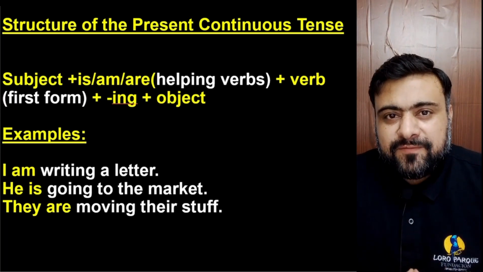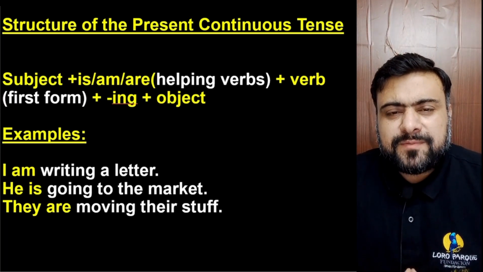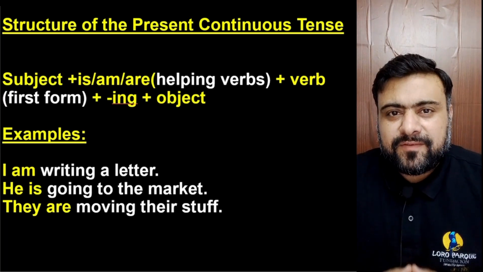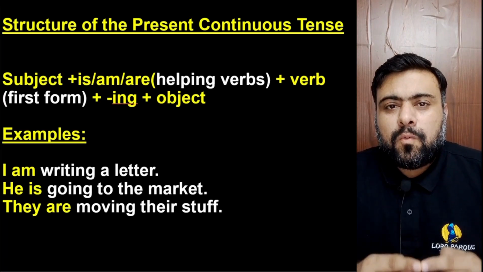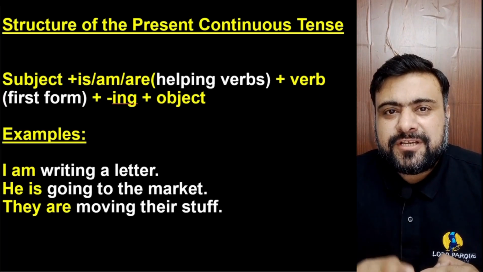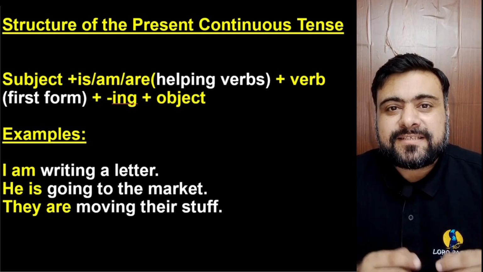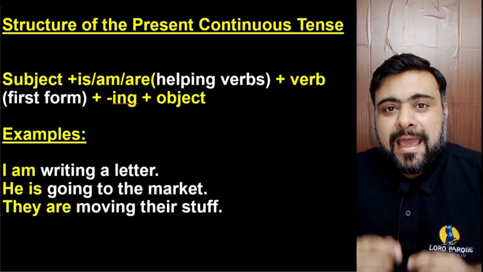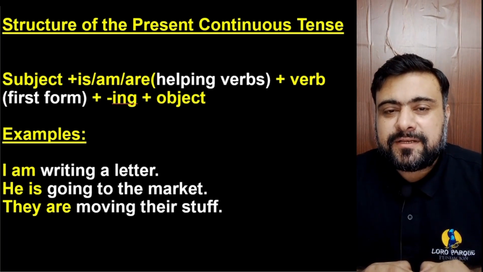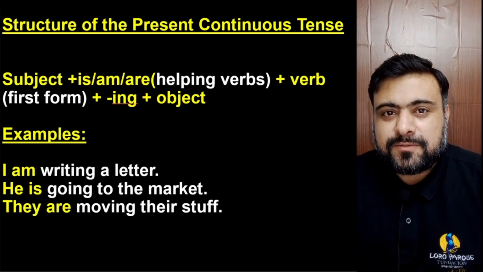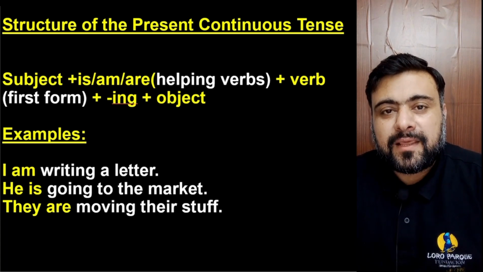And what are the helping verbs? What are the auxiliary verbs in this sentence? The helping verbs used are is, are, am. Is is used when the subject is he, she, it, or a singular noun. Am is used with I. When I is the subject, the helping verb in this tense will be am.